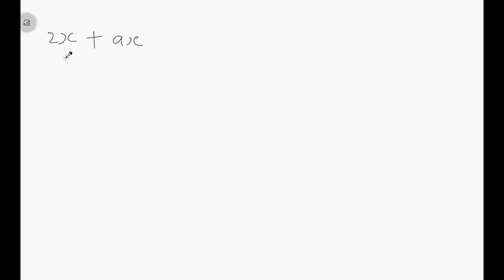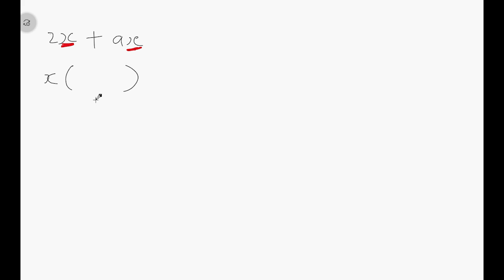Cool. So at first, if you remember from the previous examples, you look at what term is common to both of these terms, the 2x and the ax, and of course you can see that we have an x in both of the terms, so the x is common. You write down the x, open your brackets.